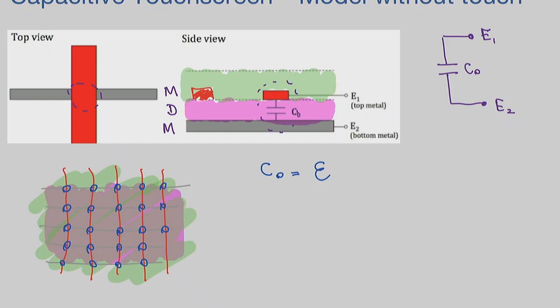And what else C naught will depend on? The geometry, the area. What's the area? The area is given by the area of how much overlap there is here, right? These little dots that I drew here representing the area. And it will depend also on the distance between the two metal plates.